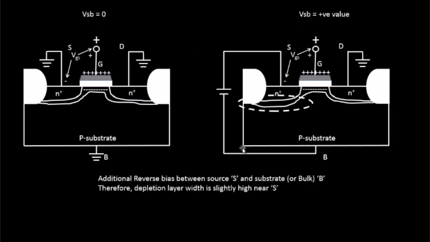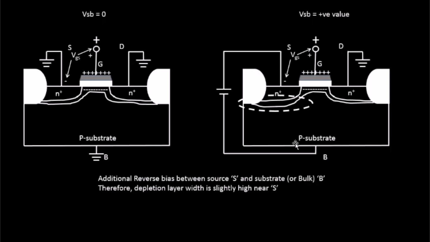The second observation is about the depletion region width. The depletion region width over here is far more than the depletion layer width present over here. Why is it so? Because once you connect a p-n junction diode in reverse bias, the junction gets depleted of its majority carriers.